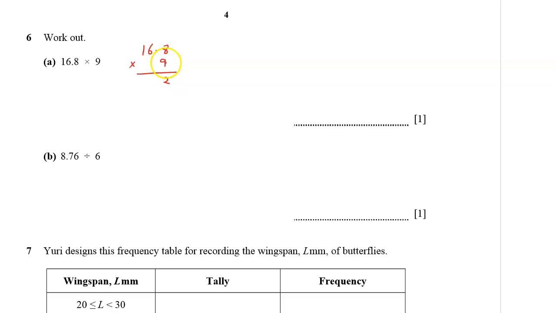You write 2 there, carry 7. 9 times 6, get 54. 54 plus 7, you get 61. So basically, get 1 there. Then carry 6.